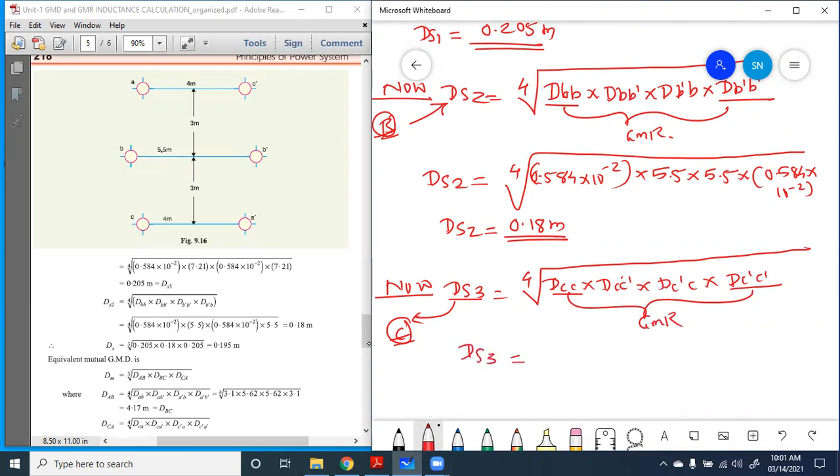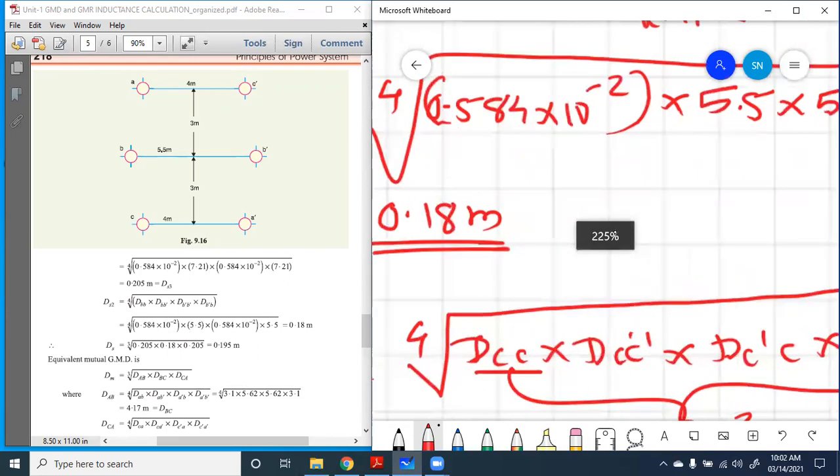Now Ds3 is the fourth root of Dcc, that is 0.584 into 10 raised to the power minus 2, into Dcc'. What is the distance CC'? That is the distance between these two conductors, which is already calculated.